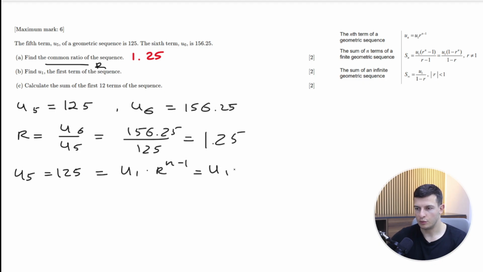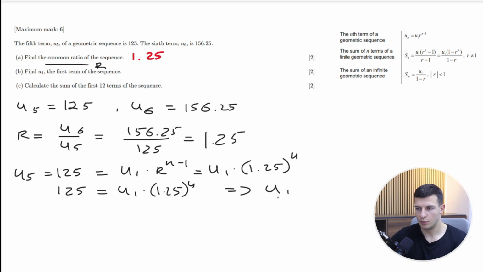So I'm going to leave the U1. Do we know our R? Yes, we do. 1.25. N is 5 because we're looking for U5, so n minus 1 will be 4. Okay, so what equation do we have? We have 125 equals U1 times 1.25 to the power of 4.